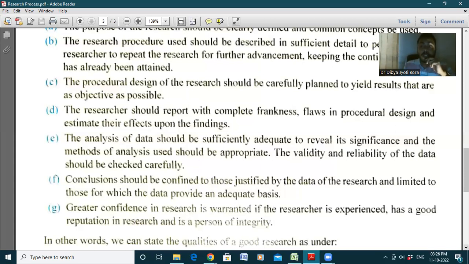And next thing, the conclusion should be precise, and it should be limited to that data only for which you have conducted your research work. Okay. And of course, if you are a good researcher, meaning you already have some experience, then only we can expect good research out of your work.